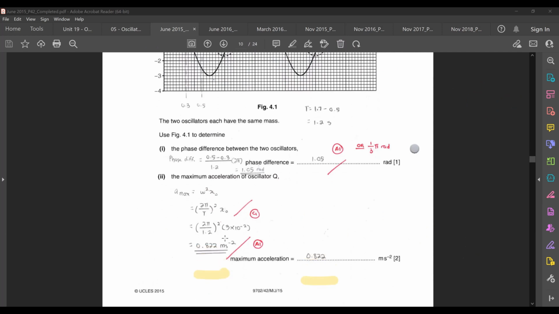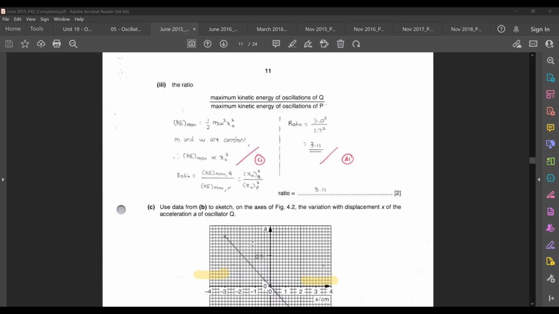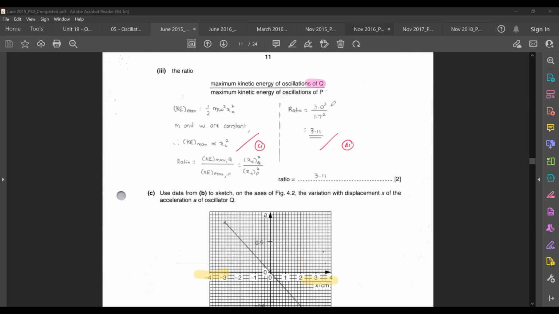Then there's another part to your current question where they ask you to find out the ratio of your maximum kinetic energy of oscillations of Q to P. How do you find the ratio in the first place? You need to first identify the correct equation to use.